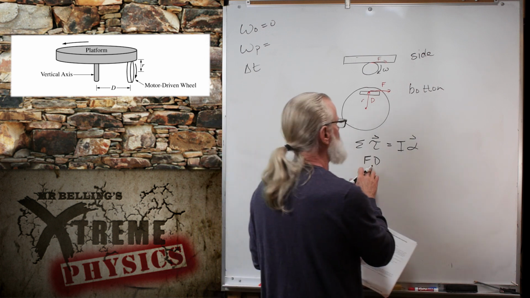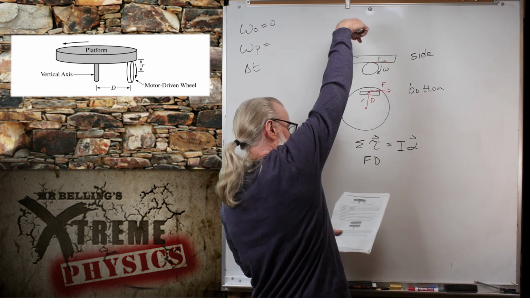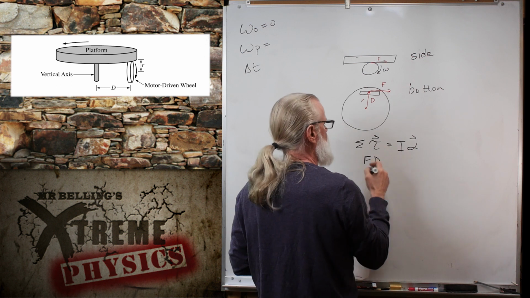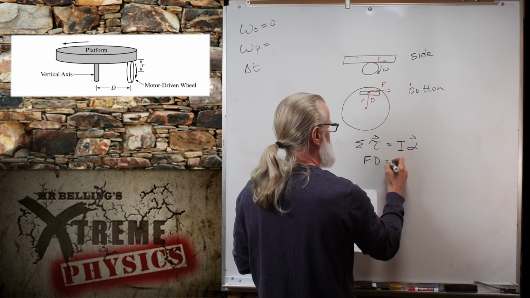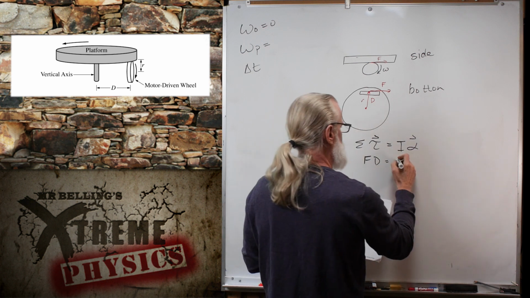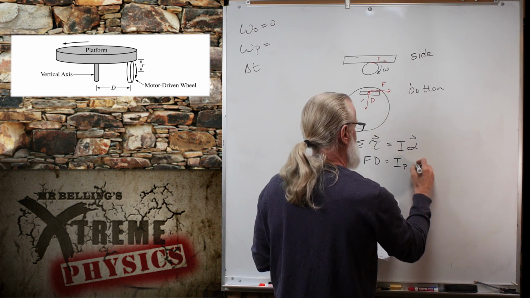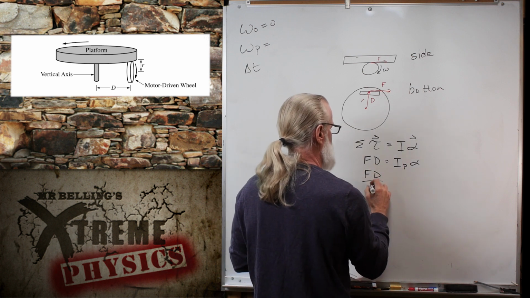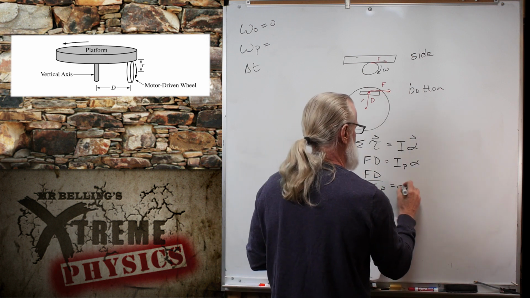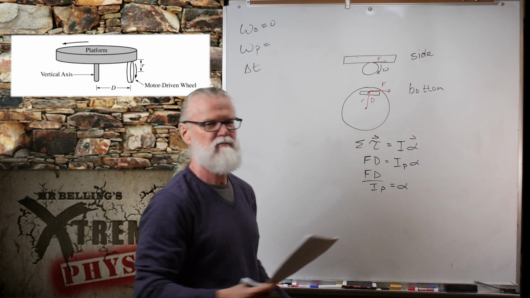So let's make this positive, right? If we're looking from the top, which is the way this was drawn in here, that is a positive torque equals FD equals the moment of inertia, I of the platform, times alpha. So FD over I platform equals the angular acceleration.